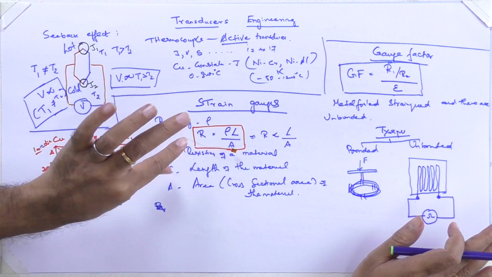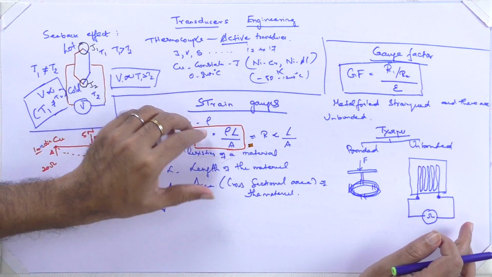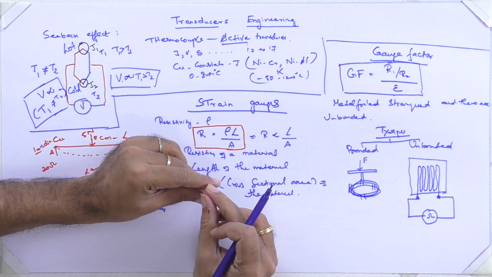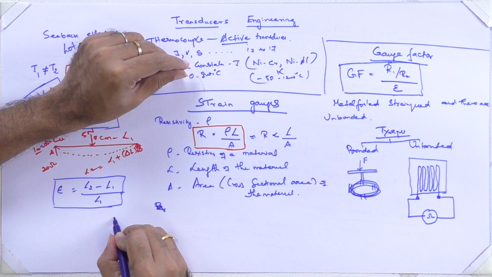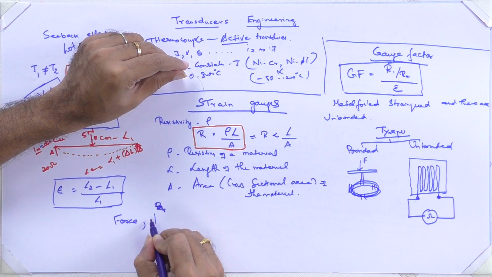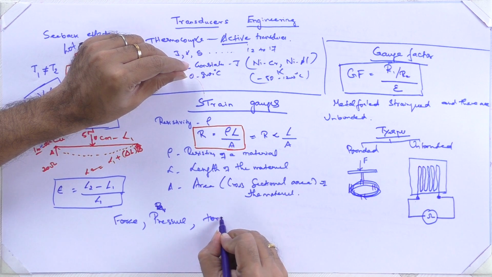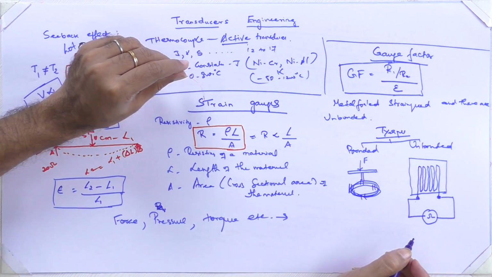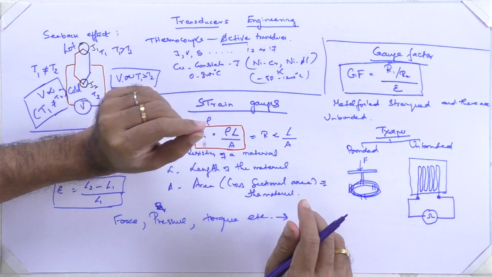So I have now introduced you to a single element of a strain gauge, an unbonded strain gauge, which will be used for measuring several different kinds of applications, something like force, pressure, torque, etc. These are called primary sensing elements.